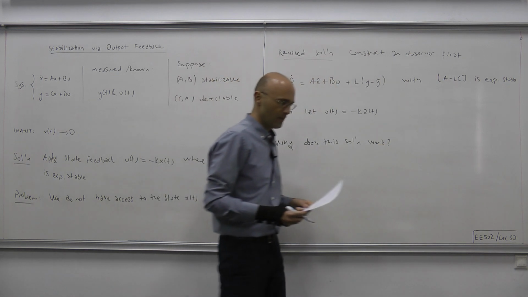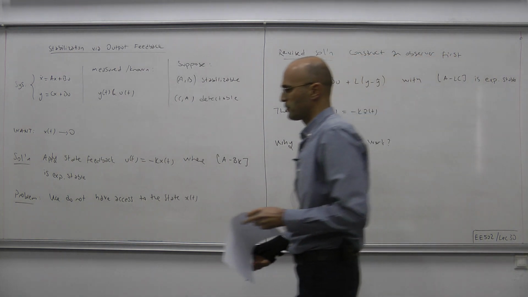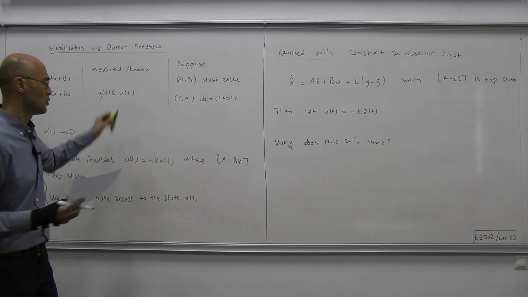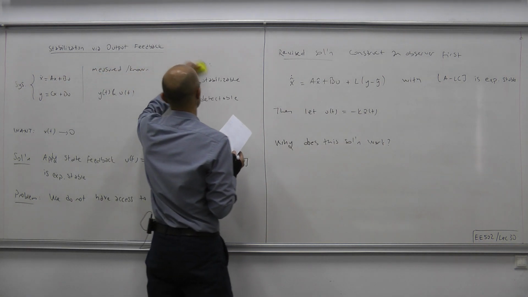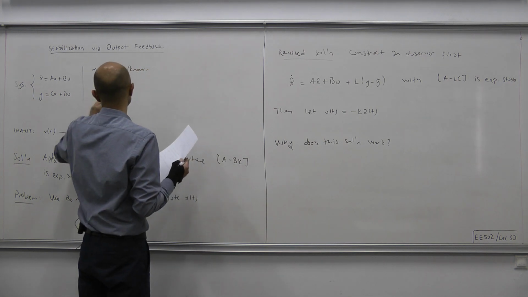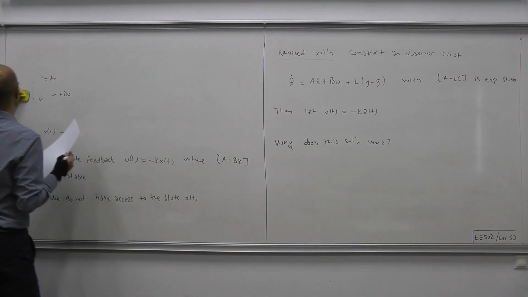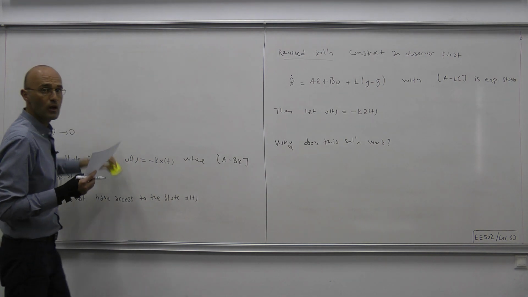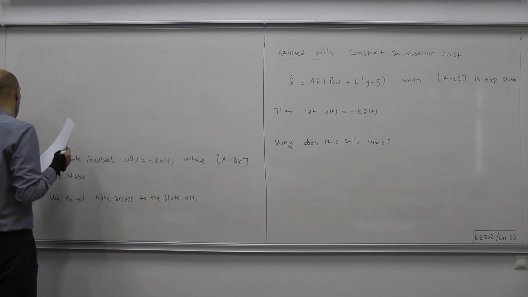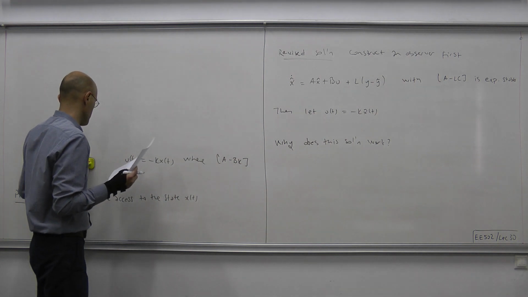So let's concentrate on the observer dynamics first, and then using the observer dynamics, let's obtain the actual system dynamics, and then use them to figure out a representation of the overall closed loop system, where the state is of dimension 2 times the order of the original system.